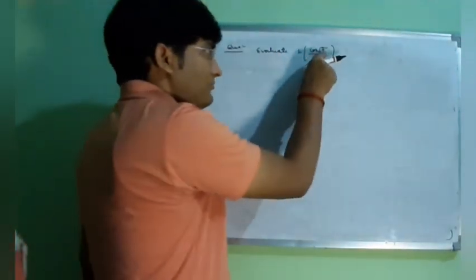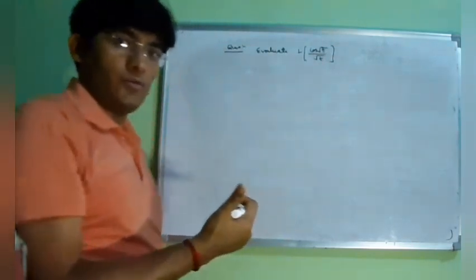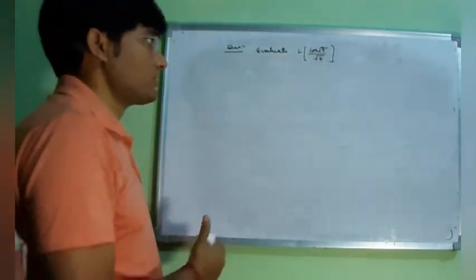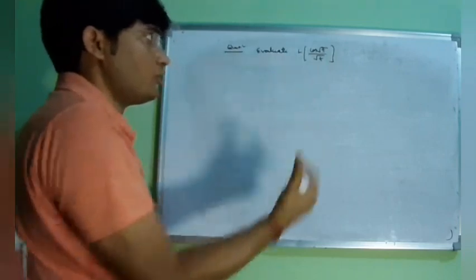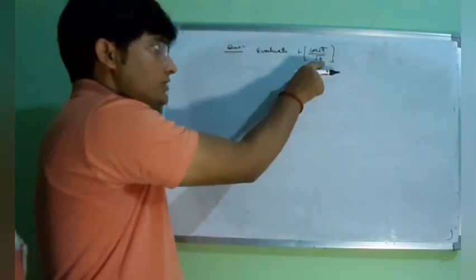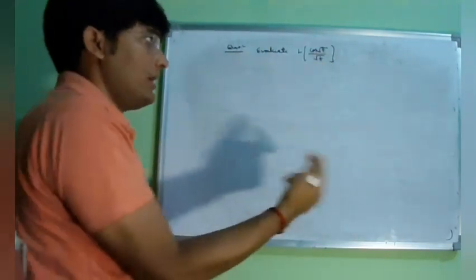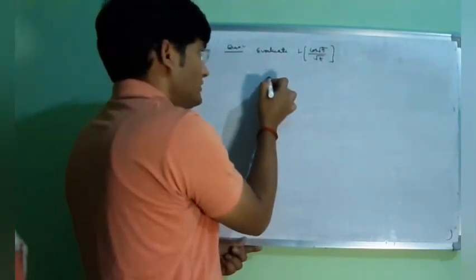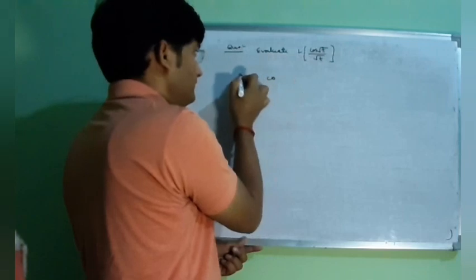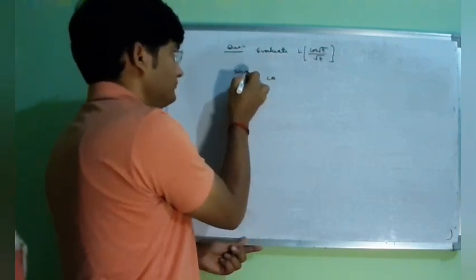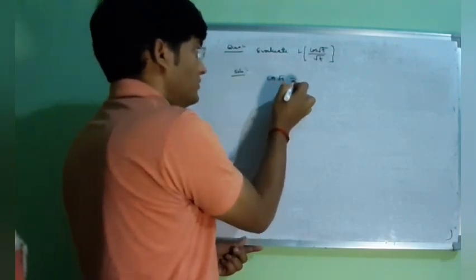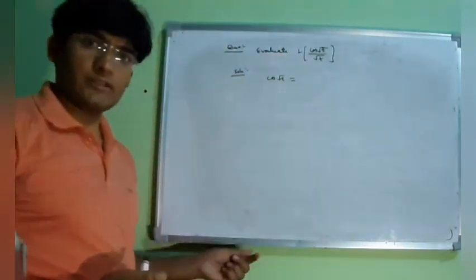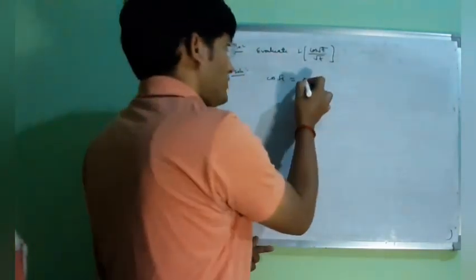For that I am expanding this cos with the help of its series formula. Then we will divide this cos by root t, and then we will try to find out its Laplace transformation. So this cos root t is equal to, you know that the formula of cos x is 1 minus x square upon factorial 2 plus x power 4 upon factorial 4 and so on.